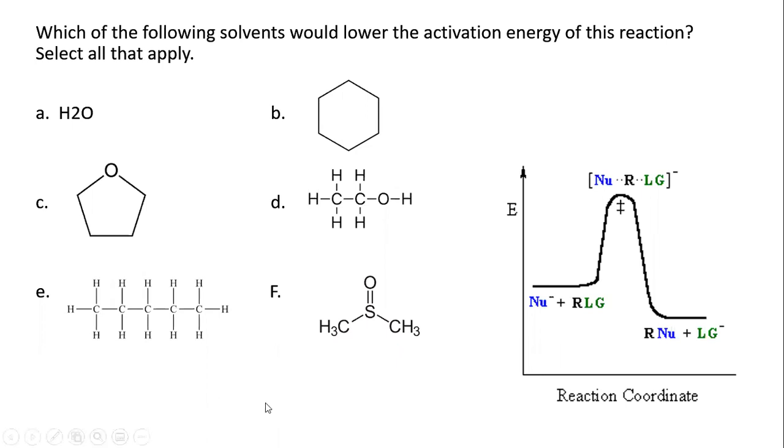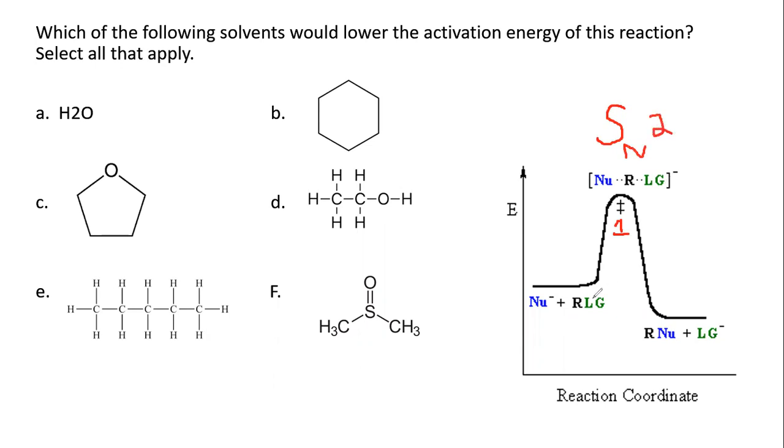So what we need to do is look at the energy diagram. Okay, we see here that we have 1 step, or excuse me, we have 1 activation energy which correlates to 1 step. So since this is 1 step, it's an SN2 reaction.